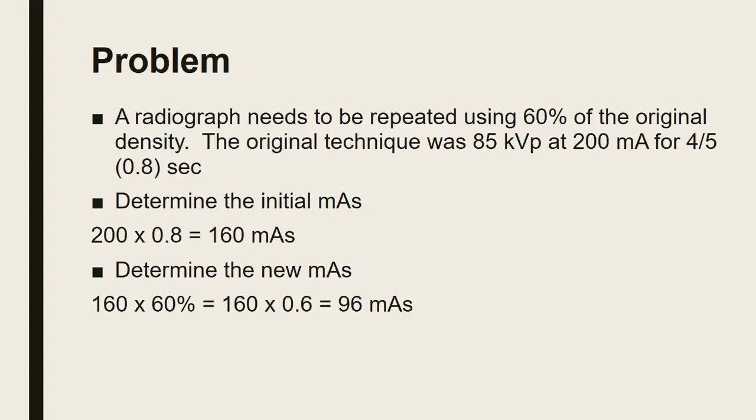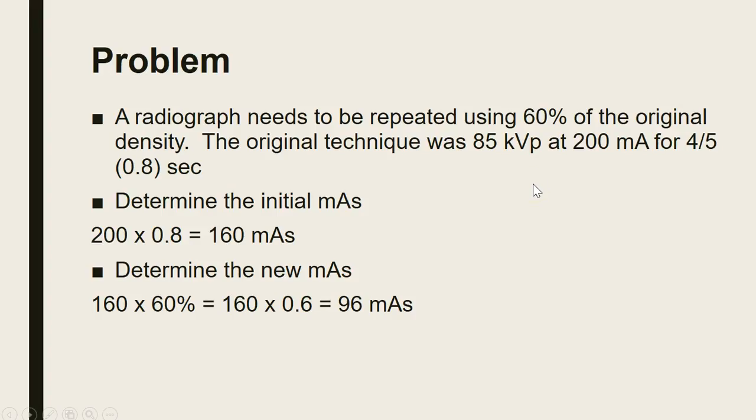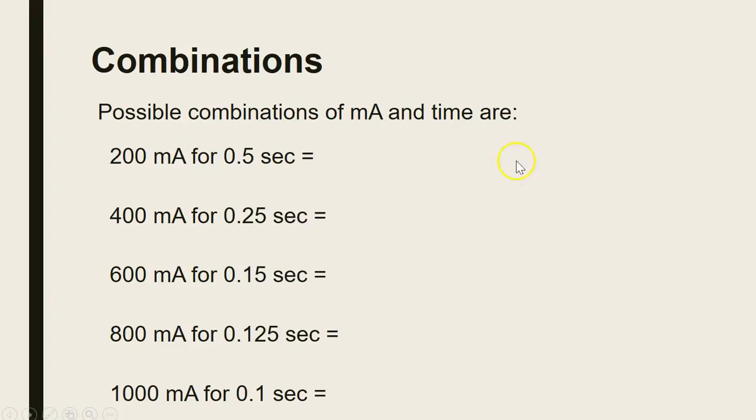Now let's look at the possible combinations. Which ones of these would you choose? First of all, what if these were your answers? Go back: 96 mass. Which of these combinations do you want?